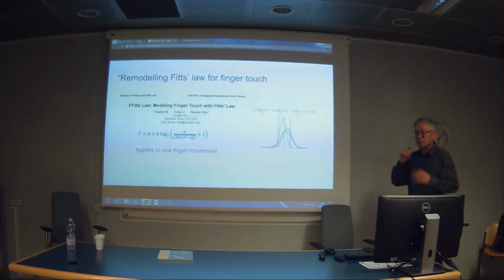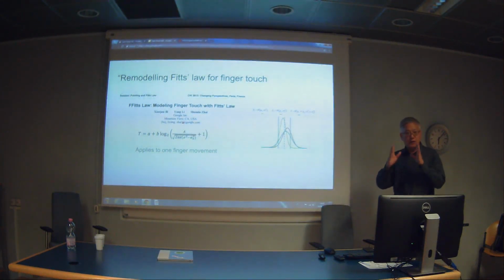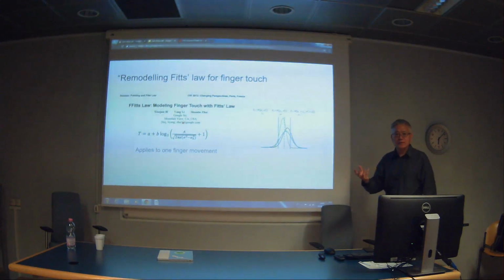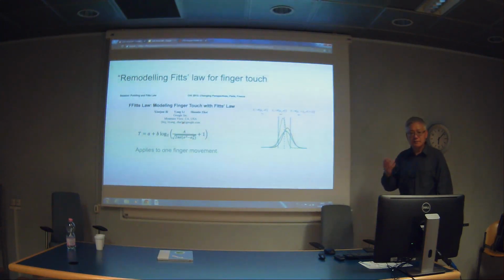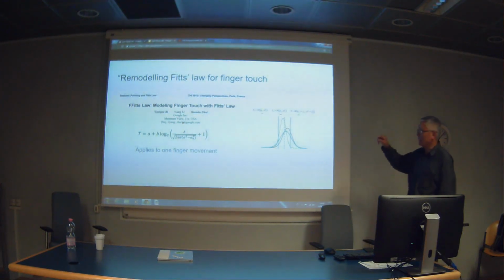So when it comes to finger touch on a touch screen, often the target is much smaller than the finger itself. Therefore, that absolute component often dominates the time it takes to tap on each word. So here we had to remodel Fitts' law to accommodate that component.